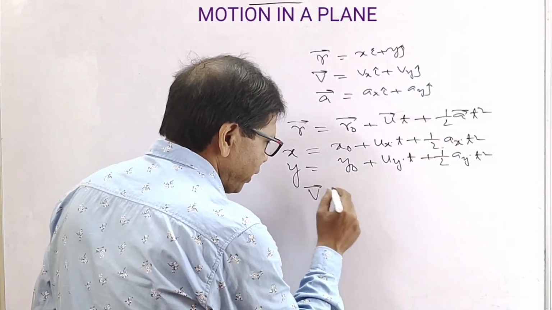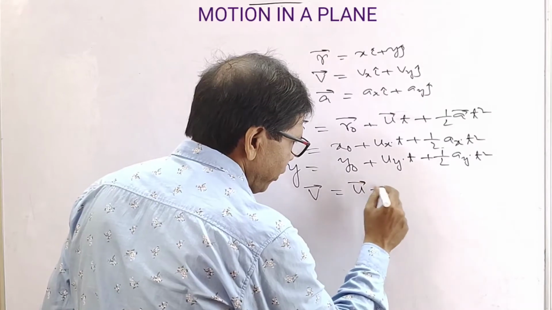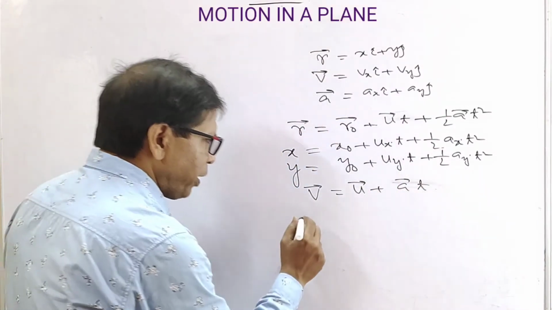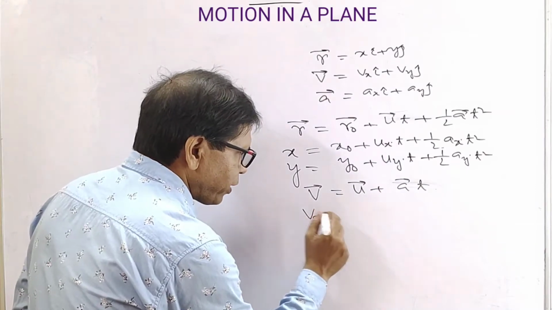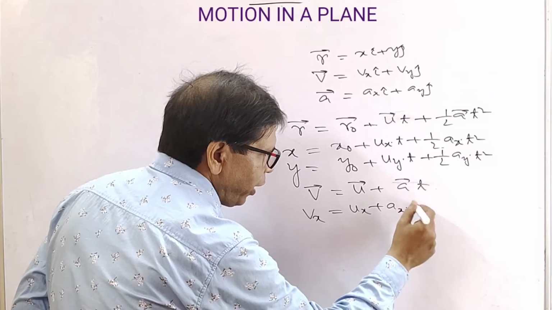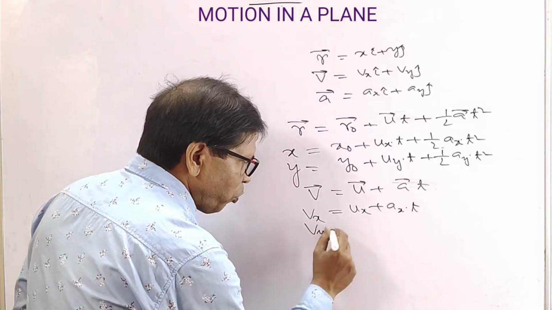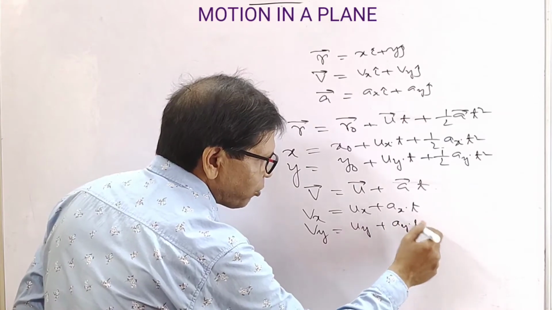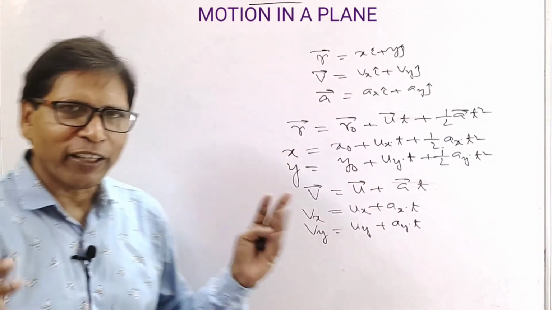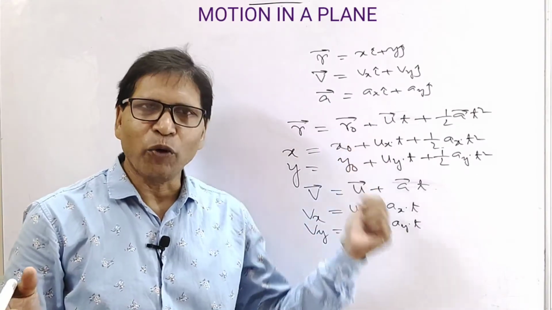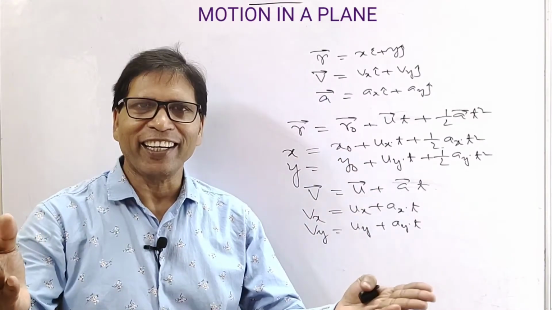Velocity vector v equals u vector plus a vector into t. This can be written as vx equals ux plus ax into t, and along the y-axis vy equals uy plus ay into t. So we consider the motion of the particle along the x and y directions separately.